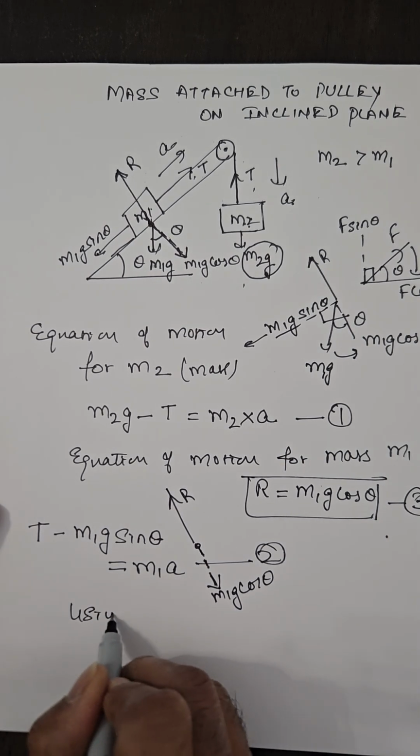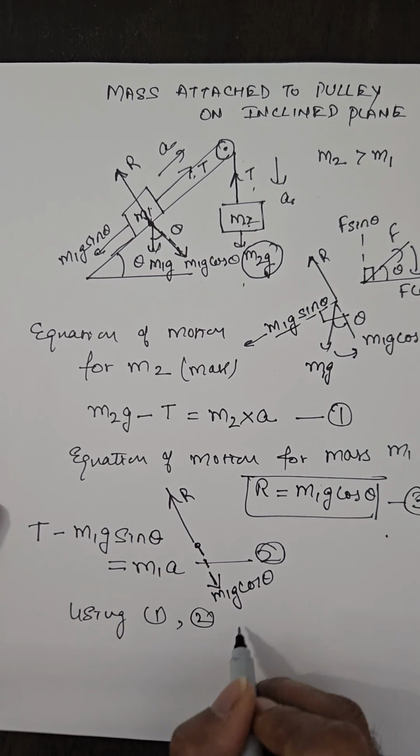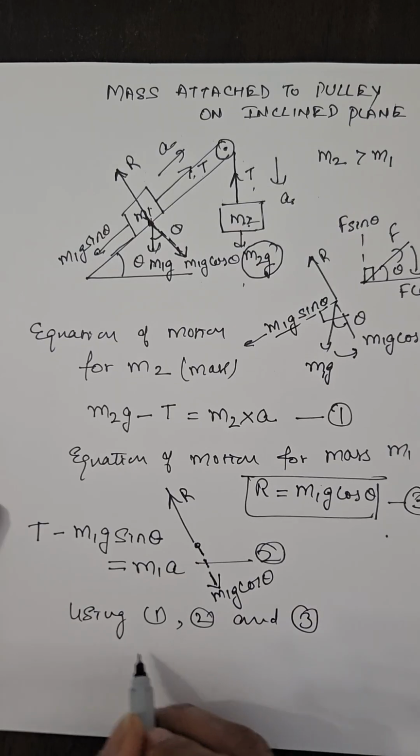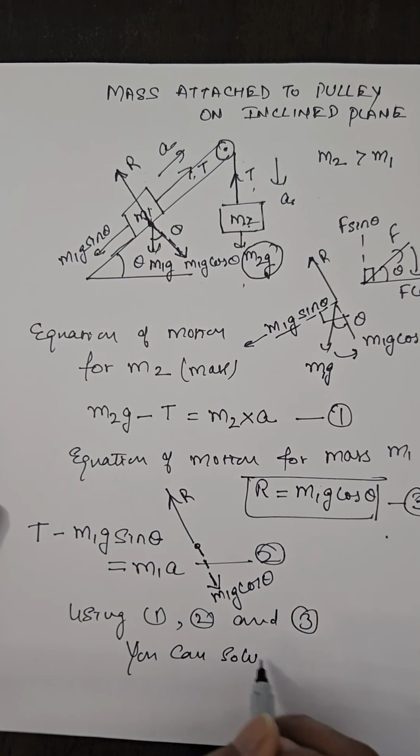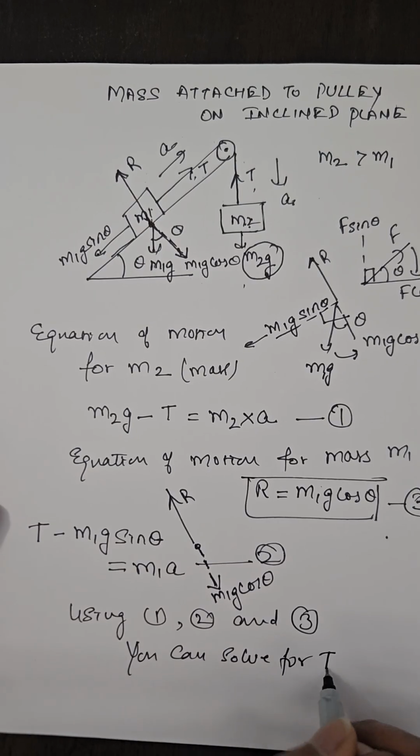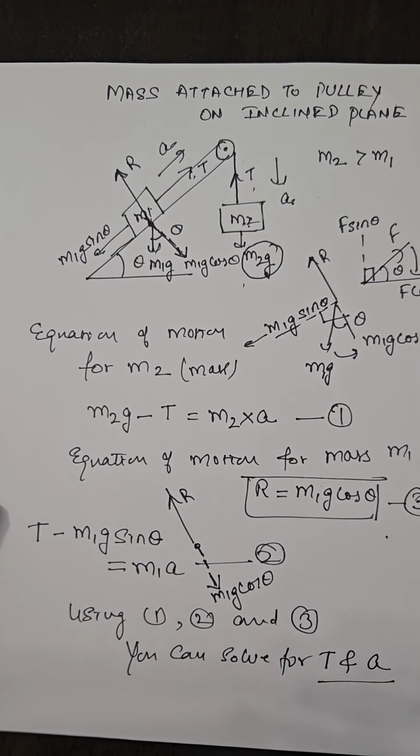Now using 1, 2 and 3 you can solve for T and acceleration a. So if a is given to you, you can solve T, or whatever is required. Using these equations you can solve the whole problem related to inclined planes.